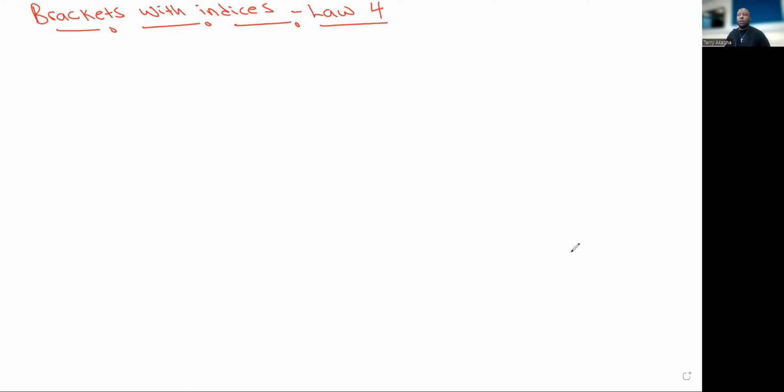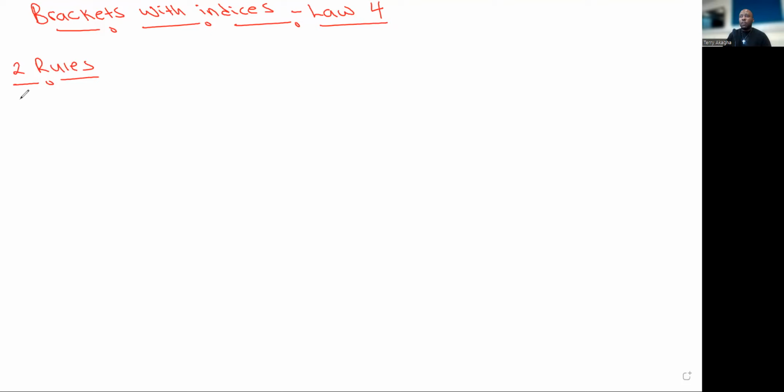So how do you solve questions having brackets with indices, all right? There are two rules to keep in mind here. The first one is that the power outside the bracket will always multiply the powers in the bracket.